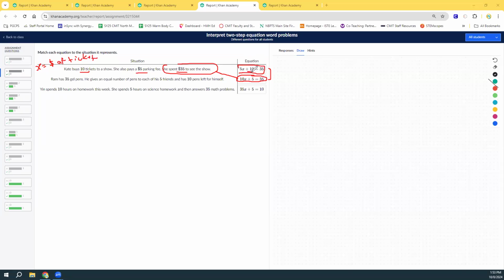He's got 10 pens left over for himself, and he has 5 friends. So X is the number of pens that he can give to each friend. So I'm going to write that down. X equals pens he can give to each friend. What a good friend he is.